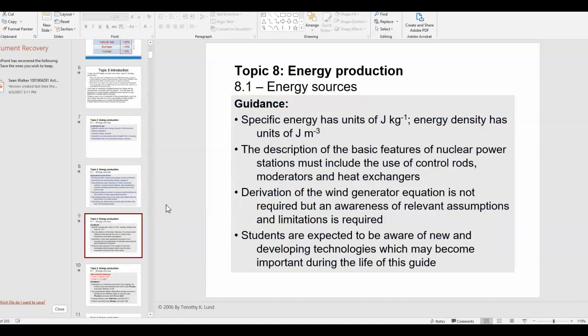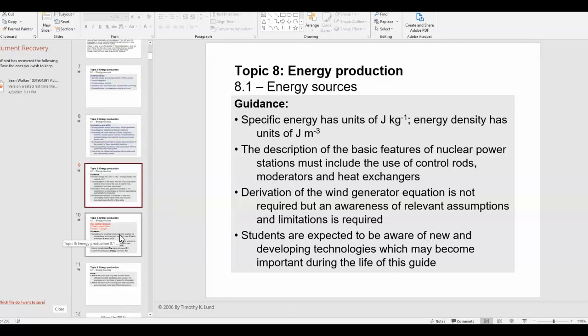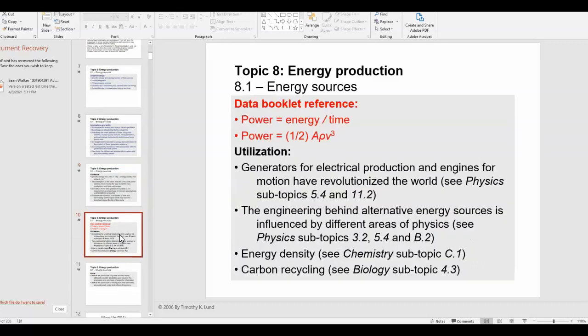That's just to give you a taste of the things we'll be talking about in this unit, and this is just some general guidance, as you can see. There are only two equations in 8.1. One of them is one that you should already be familiar with, which is just the power equation. The other equation given has to do with power generated by wind energy, and we'll talk about that later on.